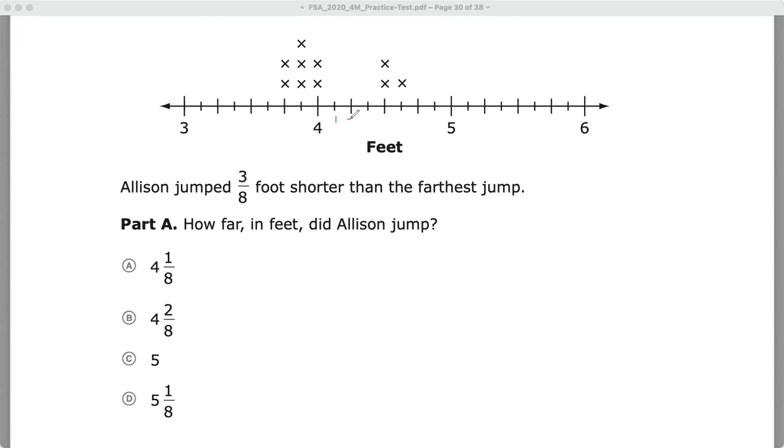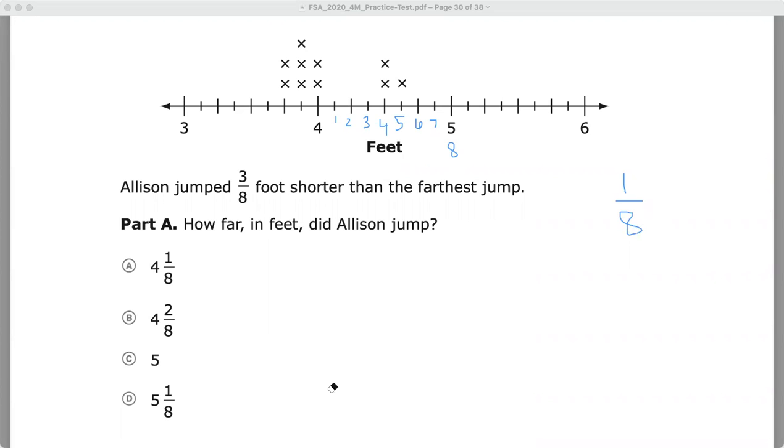This is 1, 2, 3, 4, 5, 6, 7, 8. So each foot has 8 spaces. Each of the lines is 1/8 of a foot. Okay, so anytime you have something with measurement and it has even spaces like this, you want to know what those increments are.